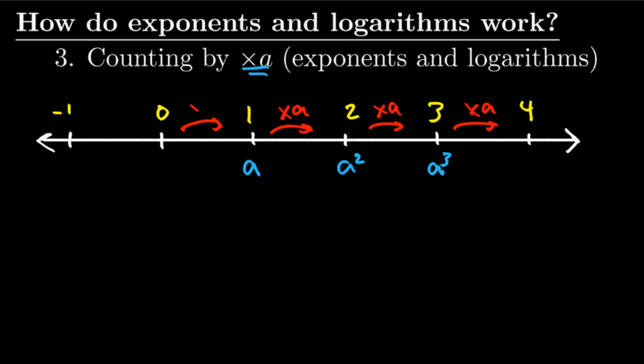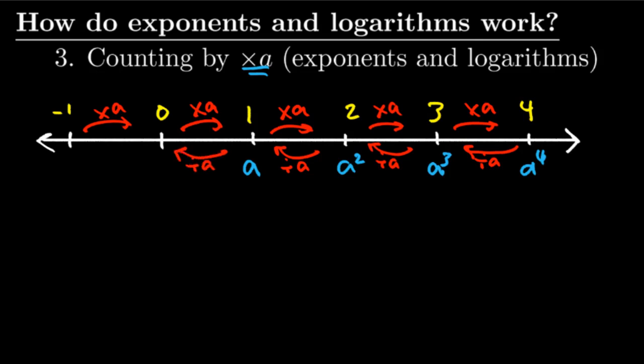So every time we're going in a positive way, you're multiplying by that base. That means if you go backward, instead of multiplying by A, you would divide by A. You're doing the inverse operation. So essentially, this is just another way to count. This is counting in a multiplying type of way.